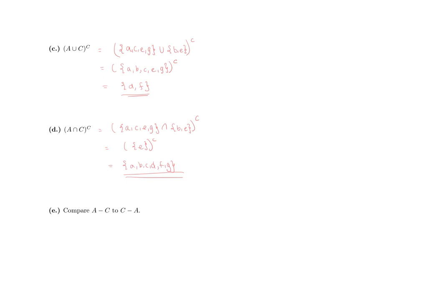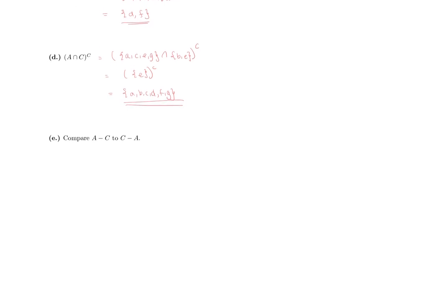The last two operations we're going to do on this problem are the set differences of A and C, and C and A. We're going to compare the two to see that they don't look exactly the same.